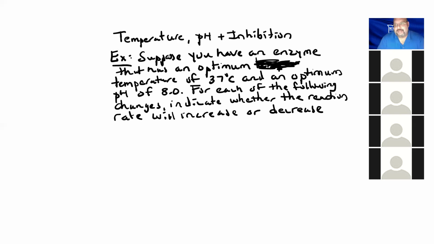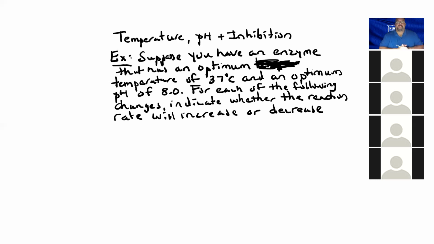If the reaction rate increases, that's usually an indicator that the enzyme is working well. And if the reaction rate decreases, that's usually an indicator that the enzyme is not working so well. And if you heat up an enzyme too much, you start to impact the different interactions on the tertiary structure of the enzyme. And eventually, if you heat the enzyme too much, just like with proteins, what's going to happen to the enzyme? The enzyme's going to denature.